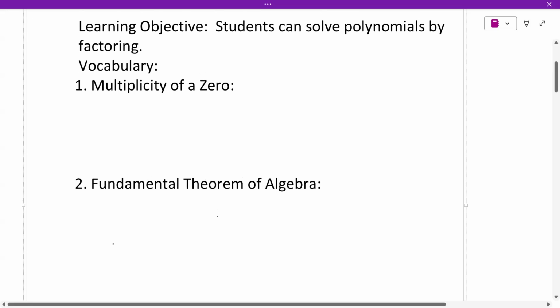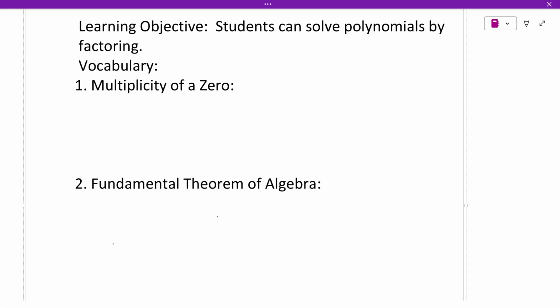Okay, 2 vocab words. Our first vocab word is multiplicity of 0.